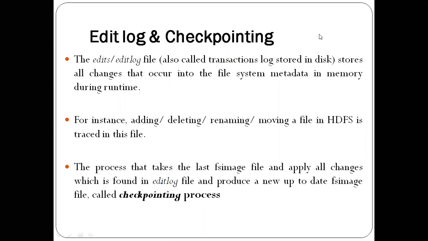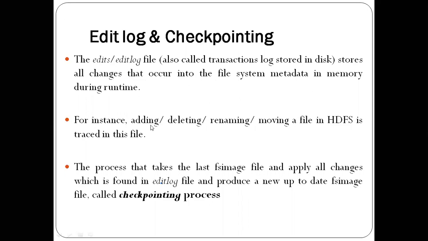edit log and checkpointing. I said about the edit log file, which stores all the editing taken place during the runtime. We also call this as transaction log file. This gets stored in disk, which contains all changes that occur into the file system metadata in memory during runtime.